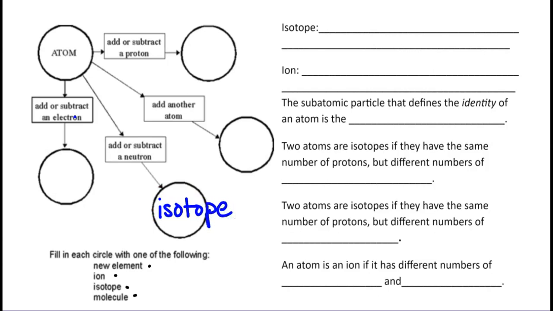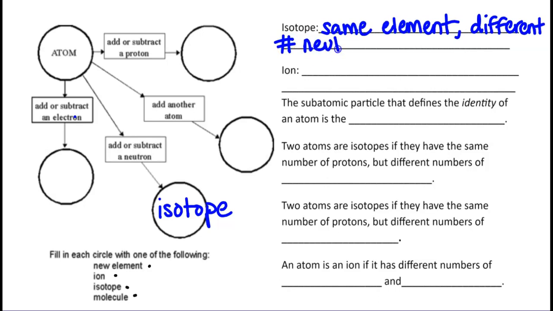And so we can go over here now and define an isotope as atoms with the same element, because they have the same number of protons, but different numbers of neutrons. Or we could also say different mass numbers.